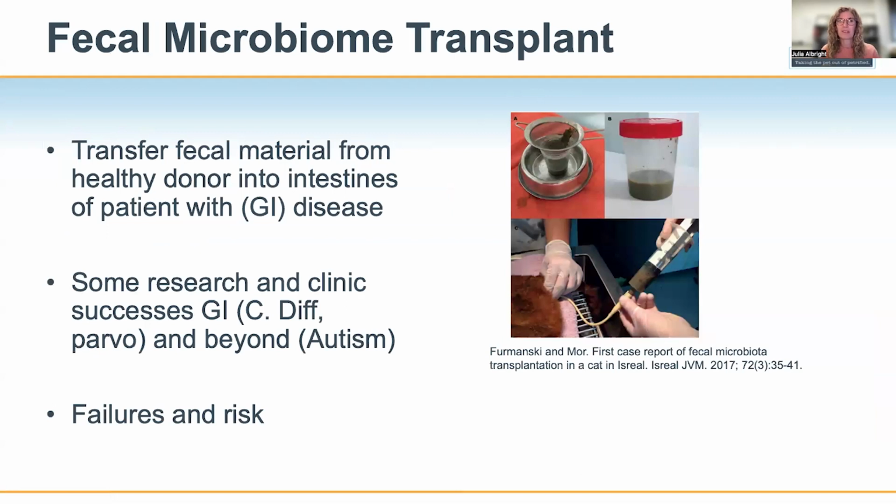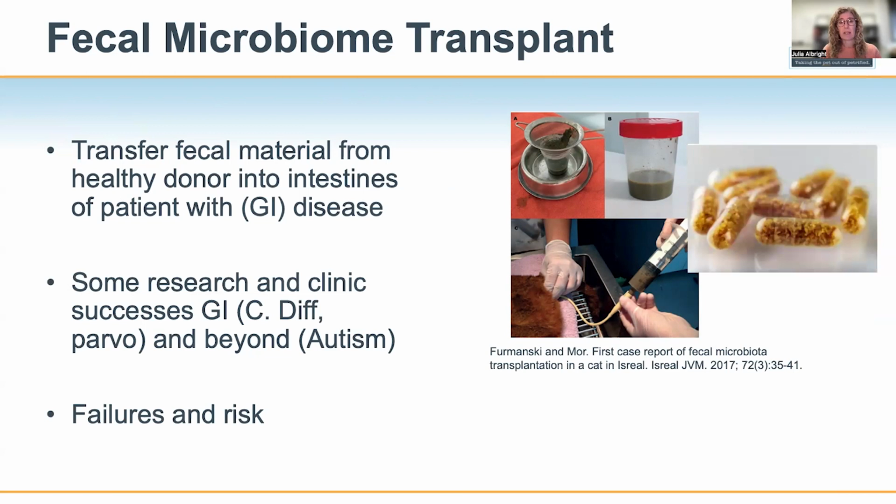I've already referred a little bit to fecal microbiome transplant. That is defined as transferring fecal material from a healthy donor straight into the intestines of a patient with a specific disease to provide live beneficial bacteria. This is most effective when directly placed into the colon, but some companies are selling capsules that can be swallowed as well.